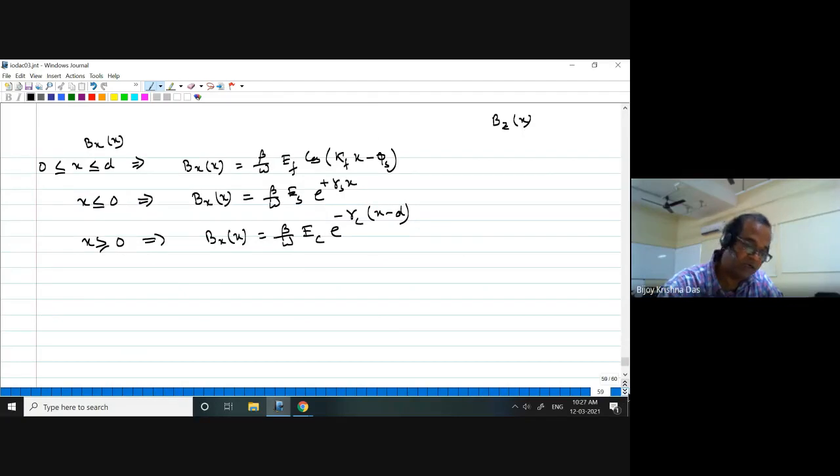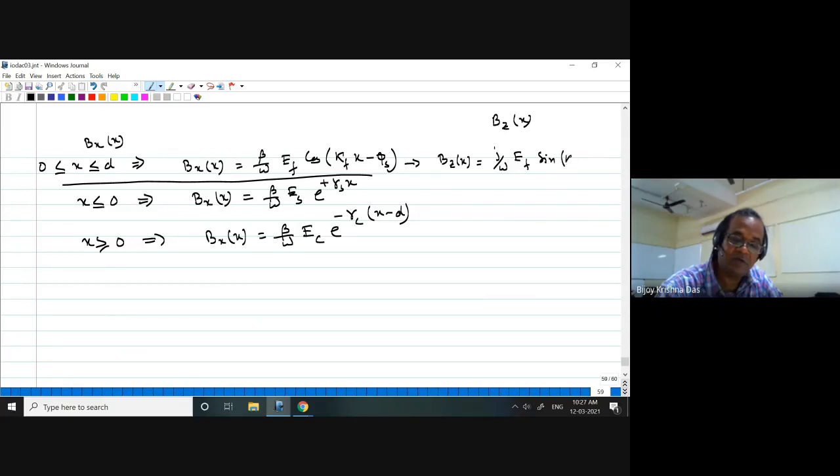So for this region 1, if I follow it, bz of x equals j by omega Ef sine of kappa f x minus phi s, and for cosine we are making a derivative with respect to x, so kappa f will be there and a minus sign will be there, right?